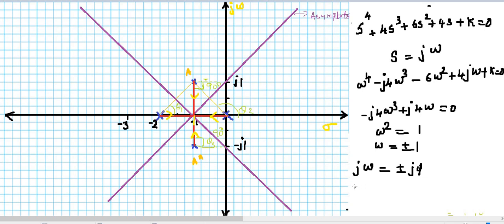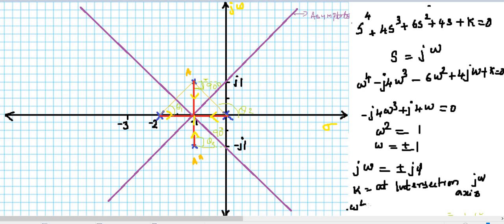Now we have to find the value of k at the meeting point of the root locus with the j omega axis. What is the value of k at the intersection of root locus with imaginary axis or j omega axis? So what we have to do for that, we have to separate the real part from the equation.